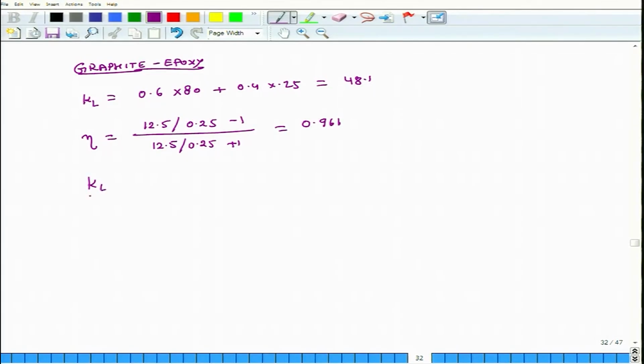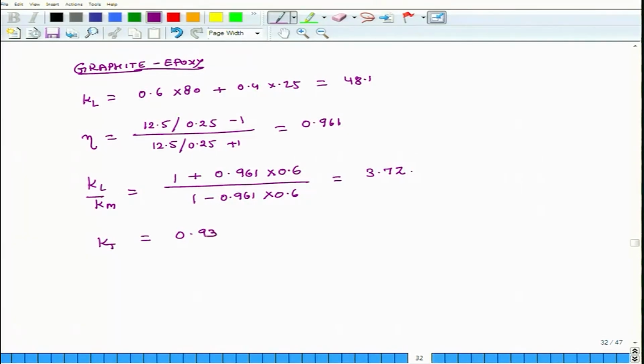So, KT over Km equals 1 plus 0.961 into 0.6, which is the volume fraction, divided by 1 minus 0.961 into 0.6. So, this is equal to 3.72. So, KT is equal to 0.93 watts per meter per degrees centigrade. Okay.